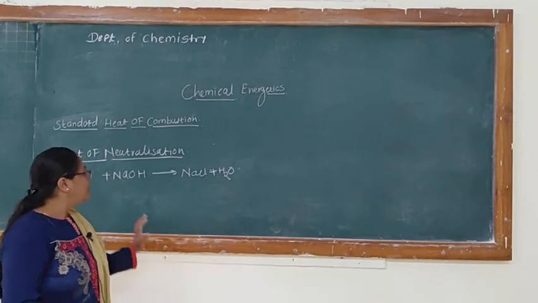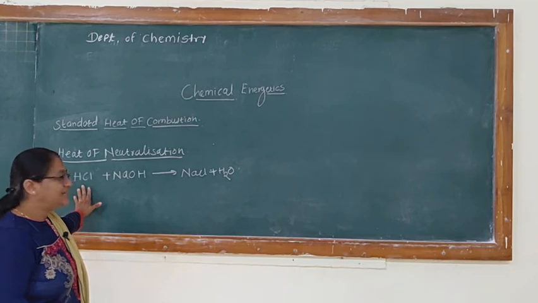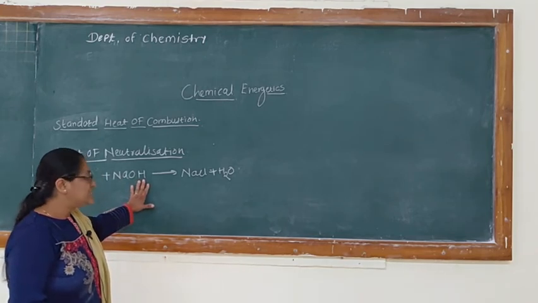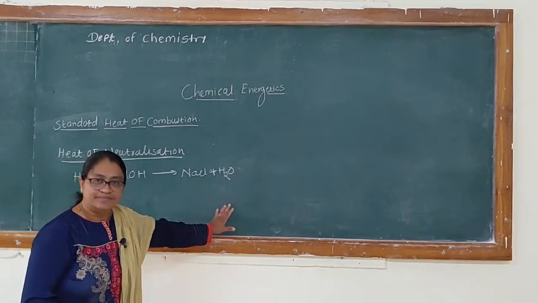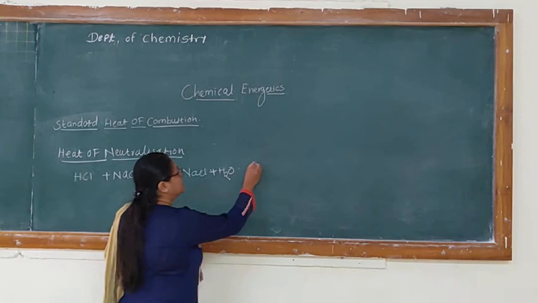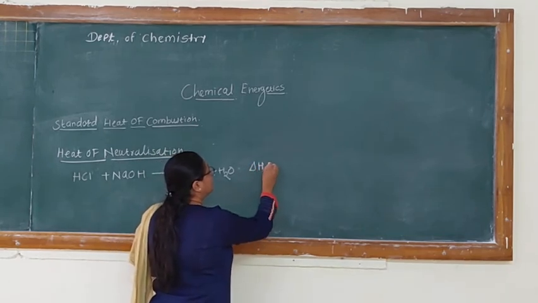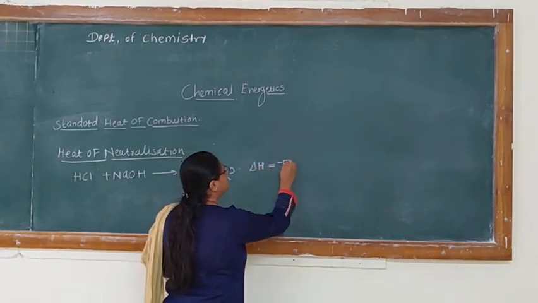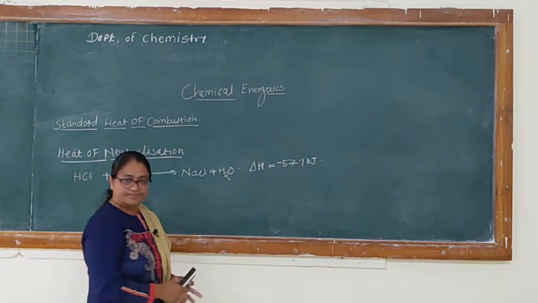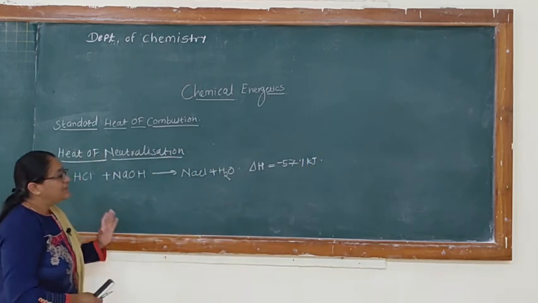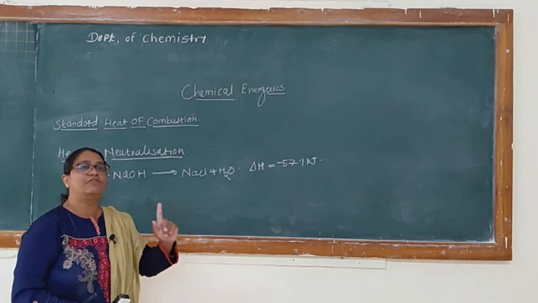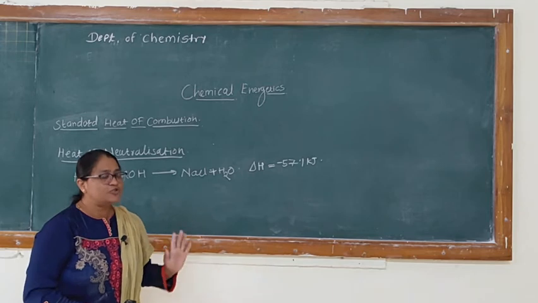Therefore, all the H plus ions from the acid react with OH minus ions of the base and form water. Here, the heat of neutralization is always equal to 57.1 kilojoules for a reaction between 1 gram equivalent of any strong acid and 1 gram equivalent of any strong base.